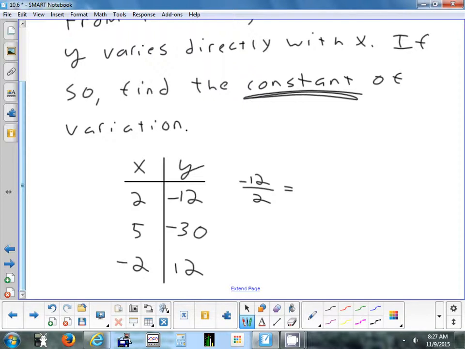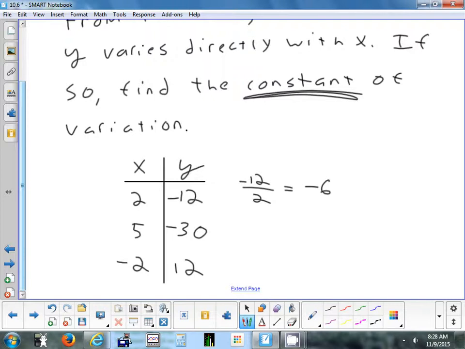Well, start with what's a negative divided by a positive? What's our rule for that? Negative divided by positive is always a negative. And now just focus on the numbers. What's 12 divided by 2? 6. Okay, so negative 6. All right, so you were close the first time, we just had to make it negative.